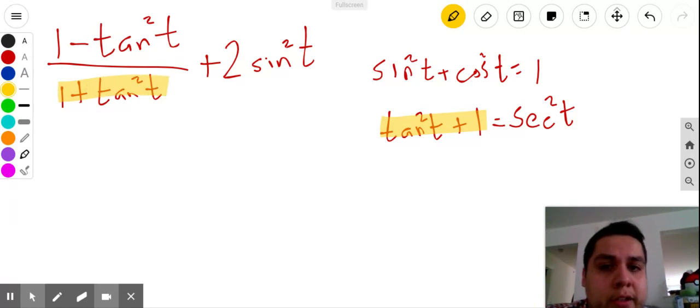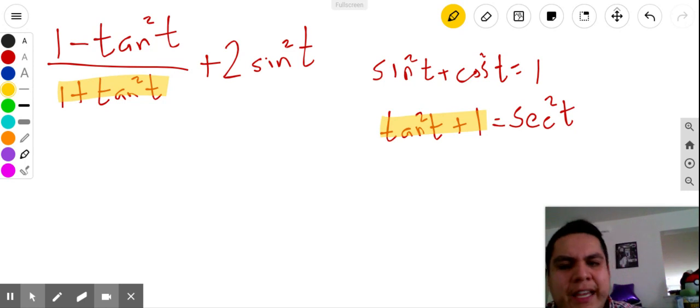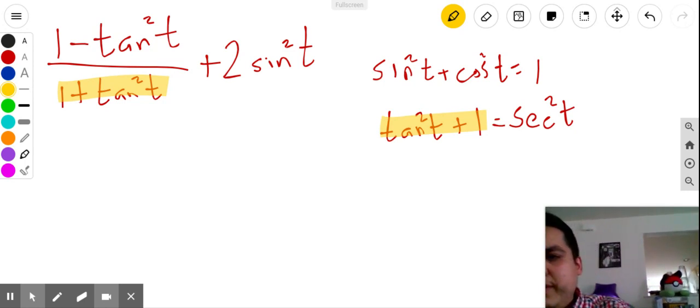So my mind is, all right, let me just simplify that first fraction, see what I end up with, and then I'll worry about the other part. Or I could also try to put them in the same denominator. Let's see what we do.